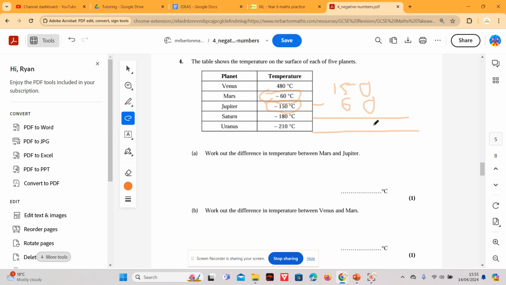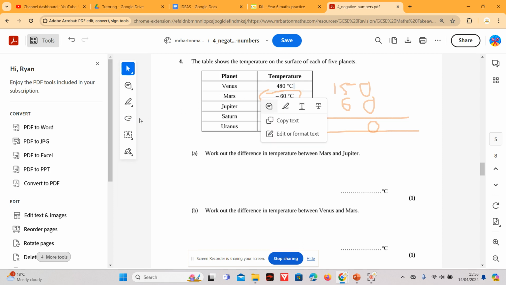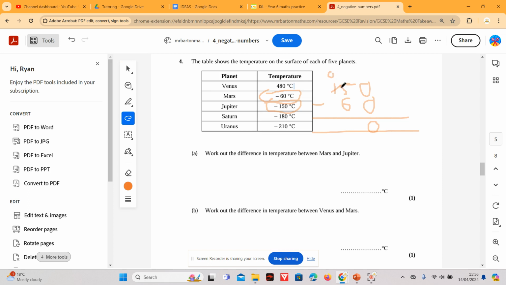So it'd be 0 take away 0, which is 0. 5 take away 6 we can't do, so we cross off the 1, that becomes 0. Then 15 take away 6 will become 9. And then 0 stays as it is, so the difference in temperature will be 90.